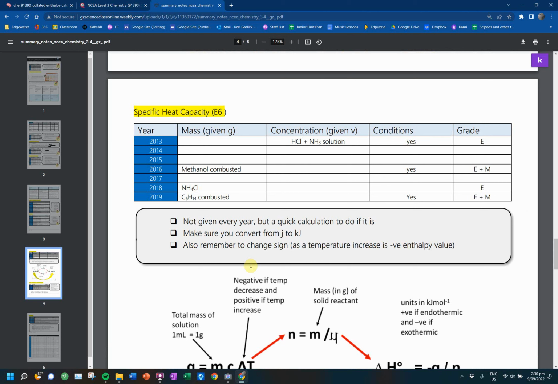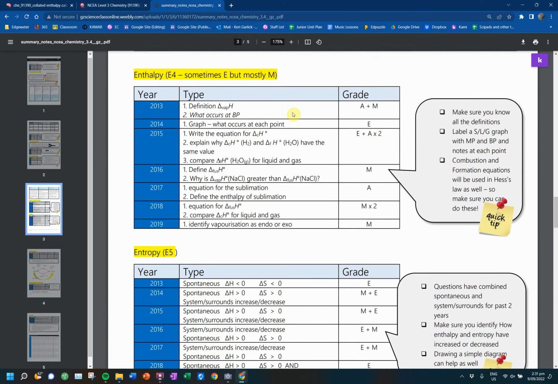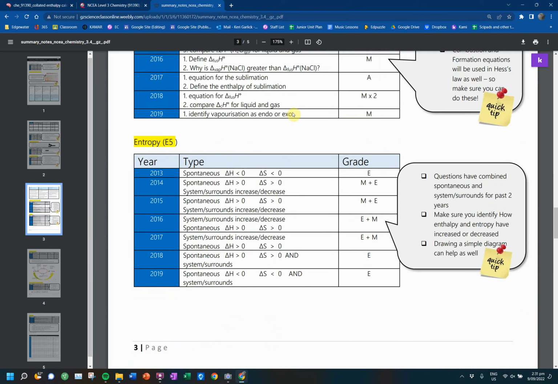Especially when they're doing that enthalpy calculation that we look at next week, it's useful to see what they ask, how frequently, and what it's worth, because there's lots of different ways they can ask the enthalpy calculation. So it's a matter of which one you want to focus on and how they do it.